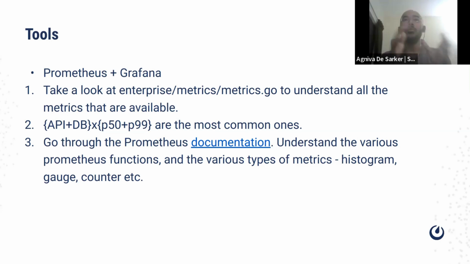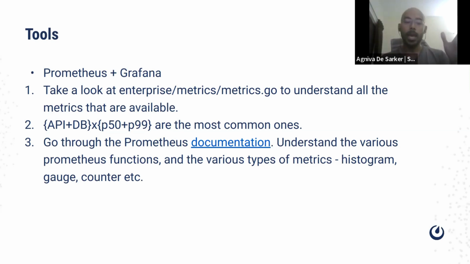You need this very much to create custom queries on the fly when you are debugging a customer issue. For example, we have the V2 dashboard, which I'll go through in detail later. The V2 dashboard should be considered a starting point for any of your performance investigation.